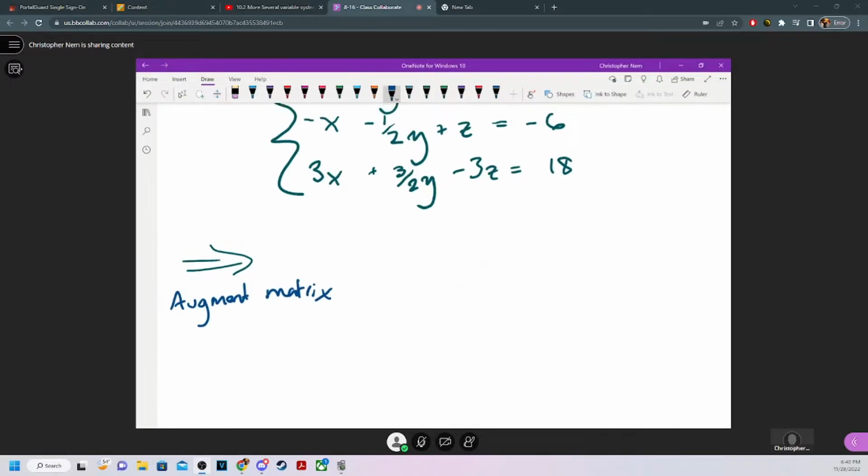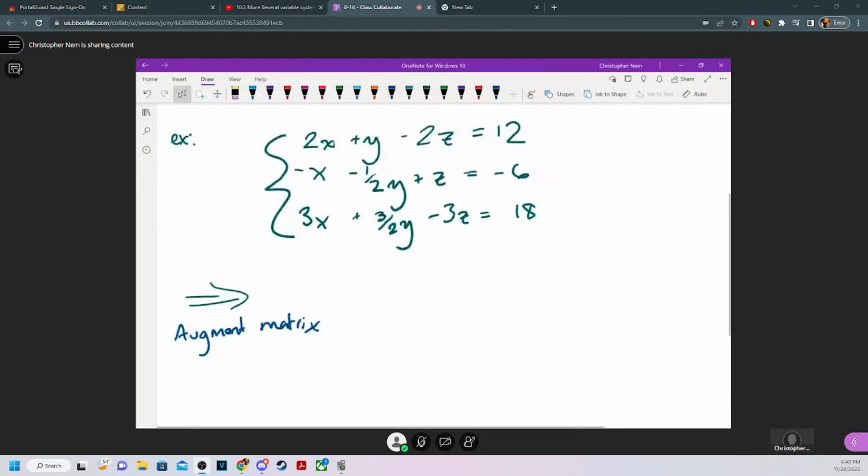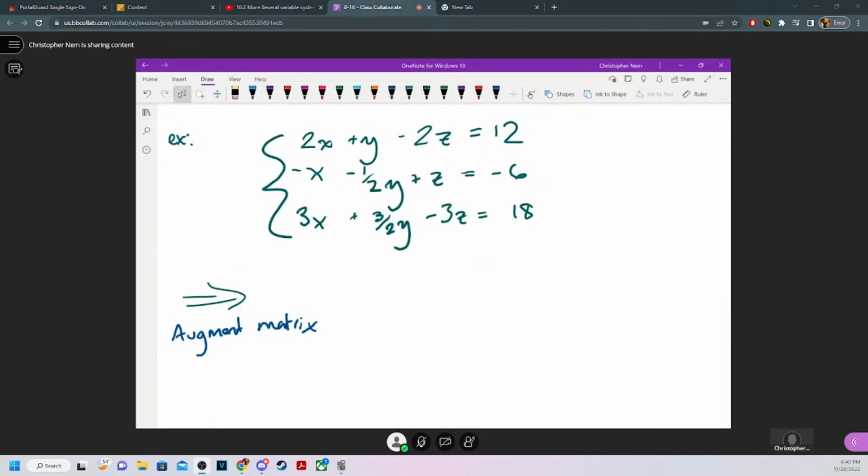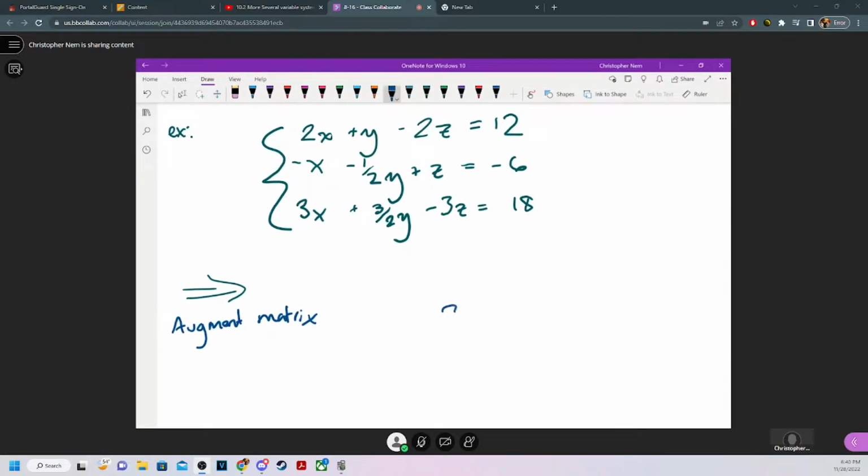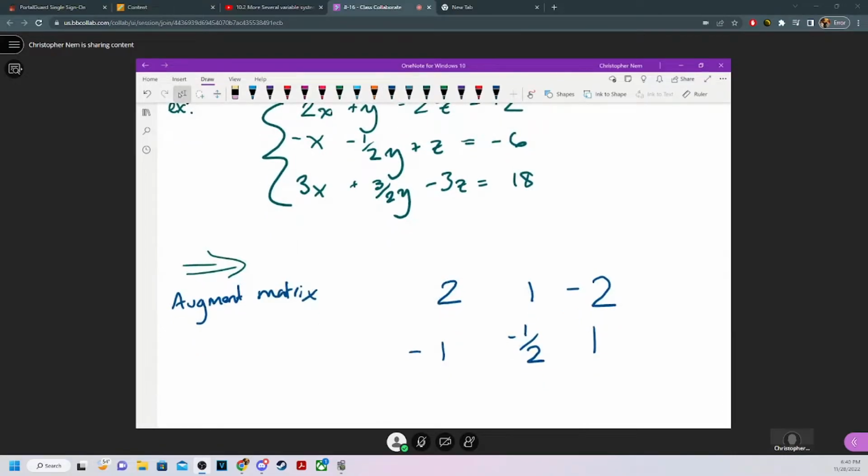It's a special type of matrix, a special type of box of numbers, where each of the coefficients of our variables, there are 3 variables over here, we're going to write down: 2, 1, negative 2, negative 1, negative 1/2, 1. If there's no variable in that equation, but we still have it in our system, then we treat it as a 0. And this is 3, 3/2, negative 3.